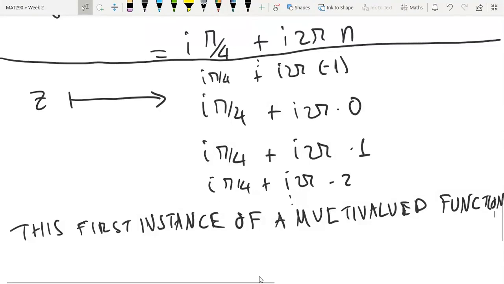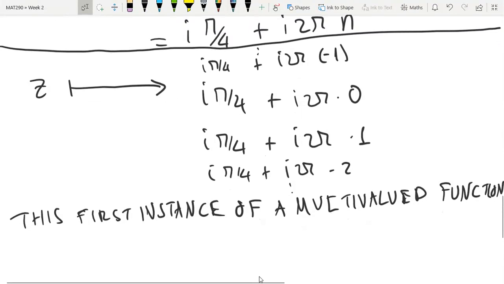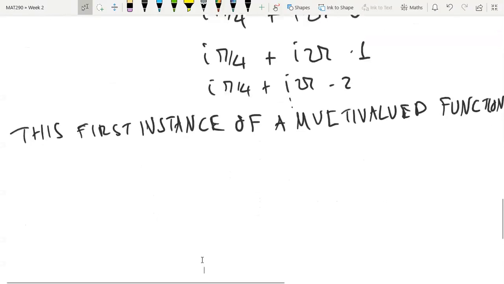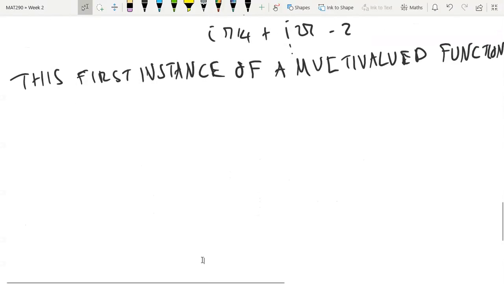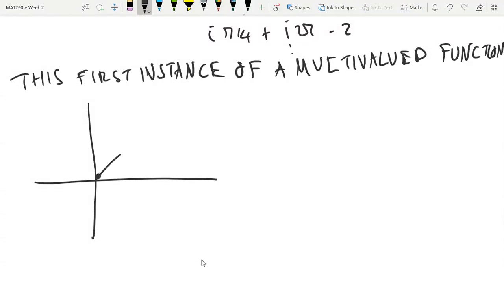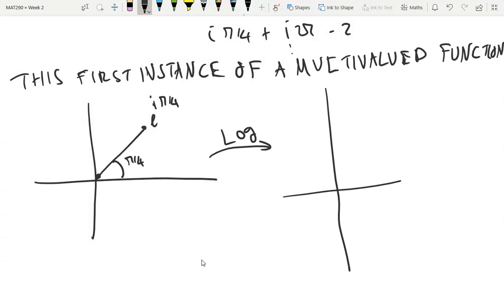Okay. Let me draw some pictures to drive the point. So what's happening here? We started with e to the i pi over 4, and log maps it to the following.